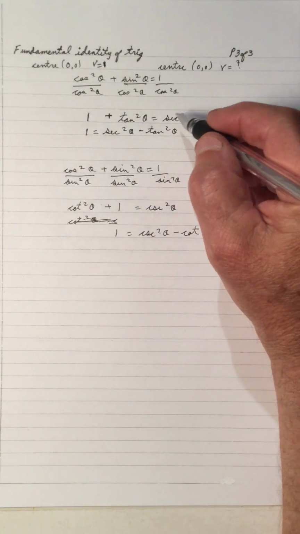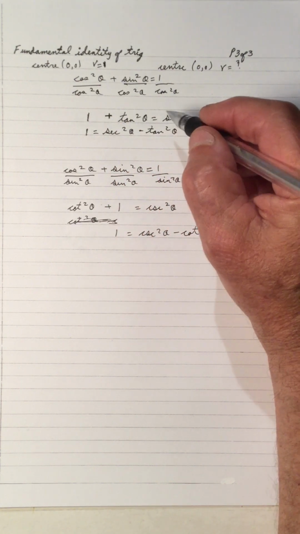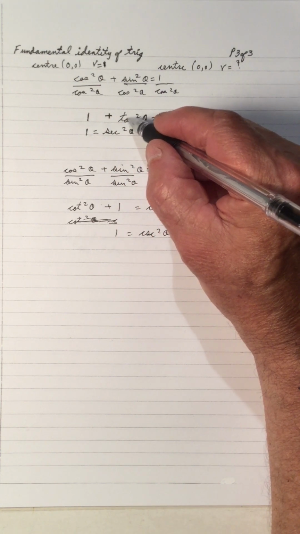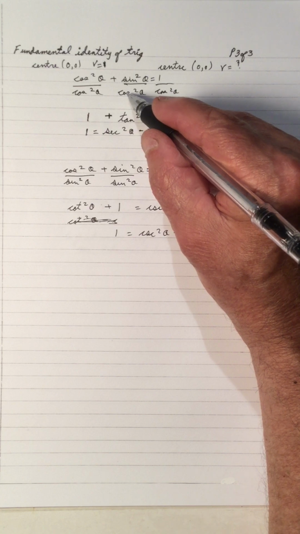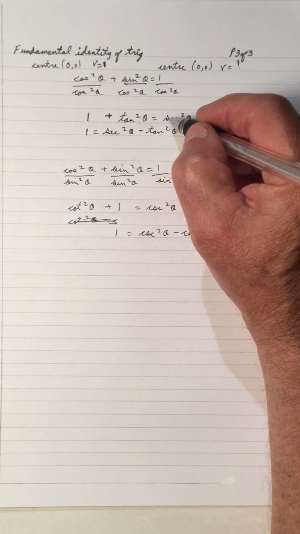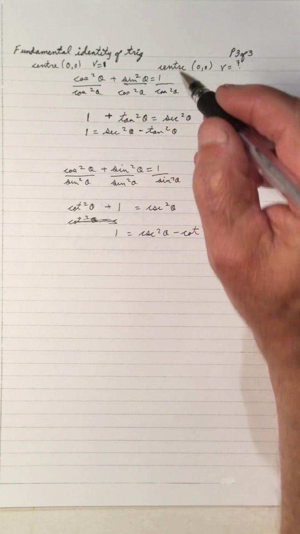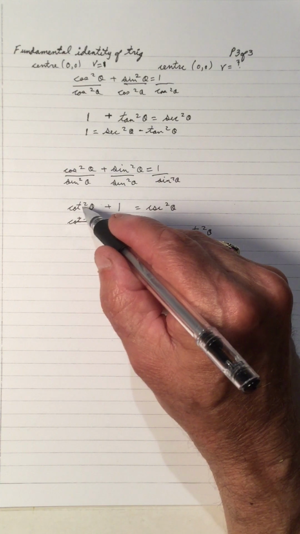And how do I know which is which? So 1 plus tan squared, why is it secant? Well, tan is sine over cos. Because cos is in your denominator, that's why I know it's secant, because the reciprocal of cos is secant. And right here, we've got cot.